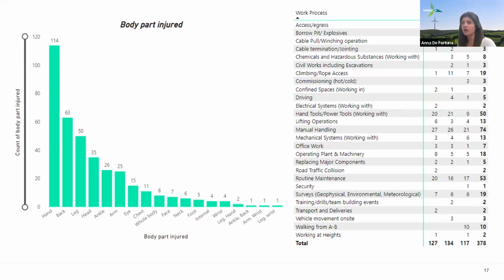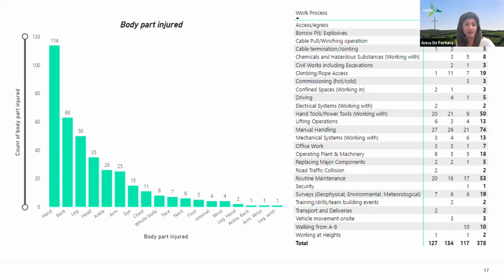And within this graph, you can clearly see that between 2020 and 2022, hand injuries are by far the most frequently injured body part. I mean, they're almost double the back injuries, which are the next ones down.